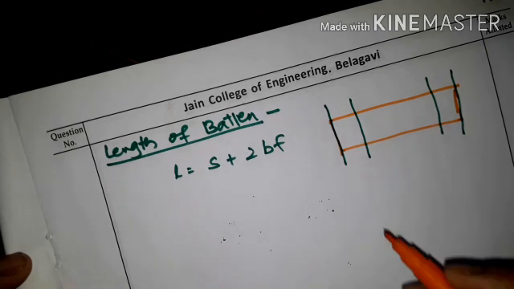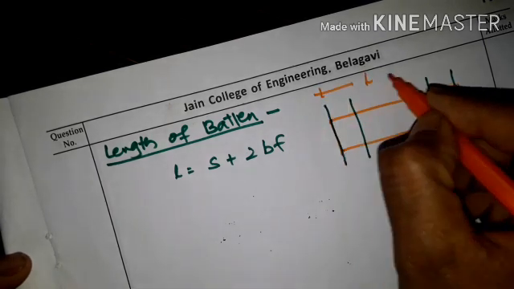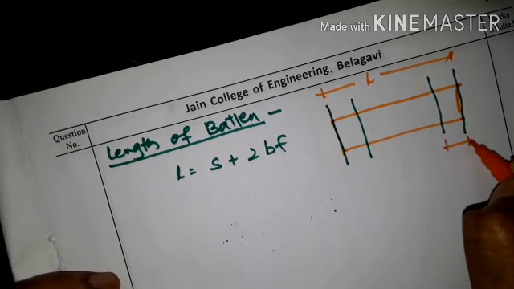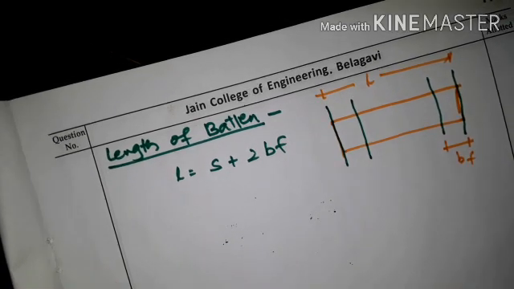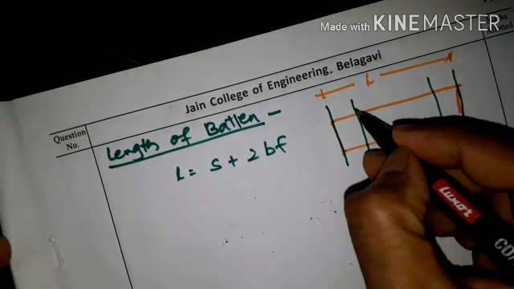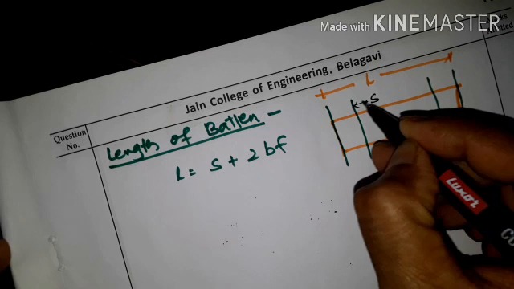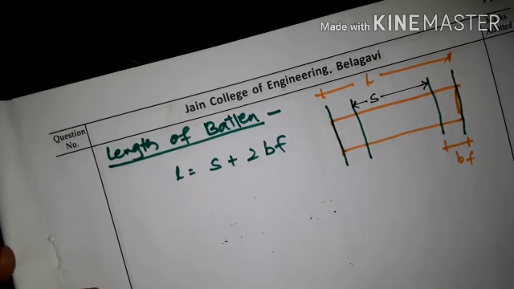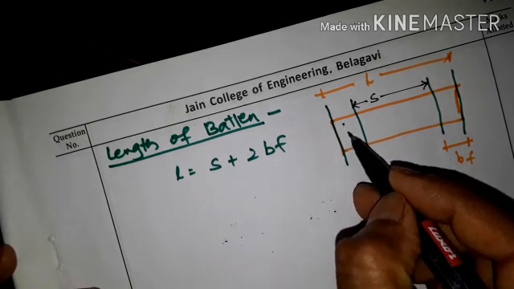So this is the length, this is the breadth of flange, and this is the spacing between the two columns, and we are providing bolting like this.